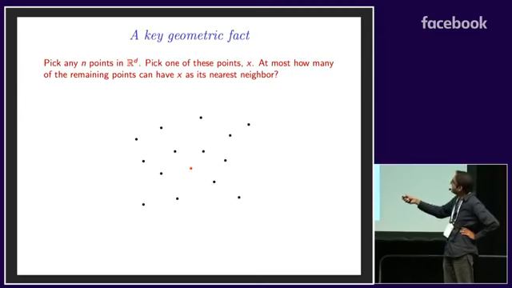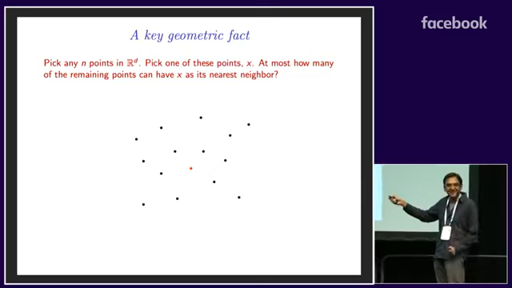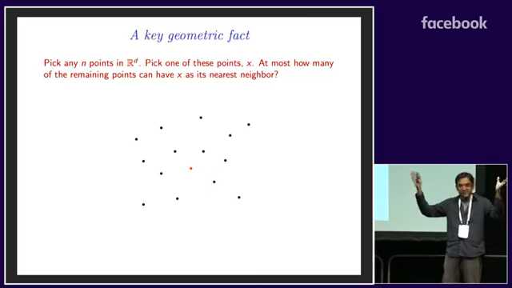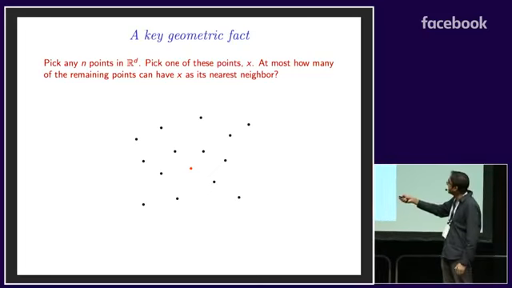For how many of the remaining n minus 1 points can this be the nearest neighbor? Can it be that this is the nearest neighbor of all the remaining n minus 1 points? That's the question. So you have n data points in your space. You choose any one of them, and for how many of these points can this particular point be the nearest neighbor?